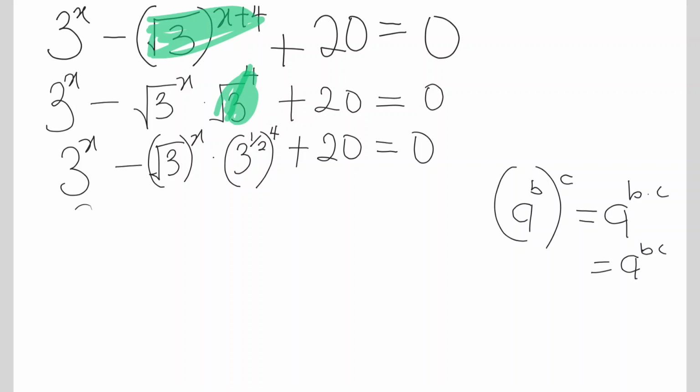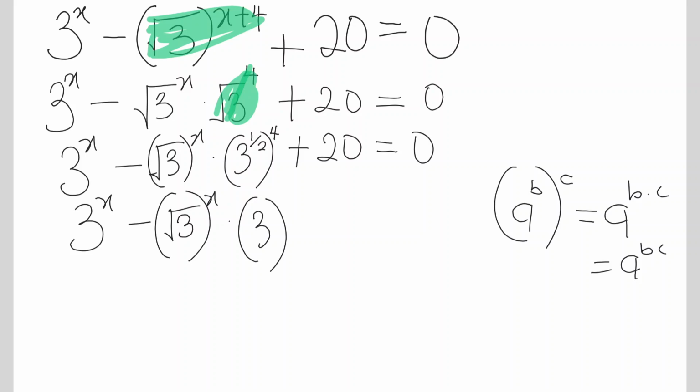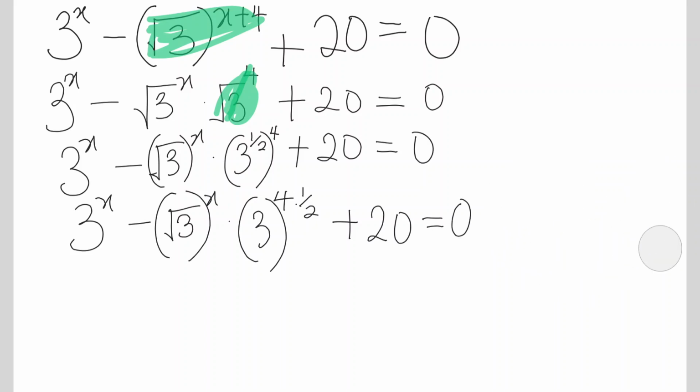So we're going to be having 3 raised to the power of x minus the square root of 3 raised to the power of x times 3 raised to the power of 4 times 1 over 2, then plus 20 equal to 0. Of course, I'm going to be multiplying 4 times 1 over 2.